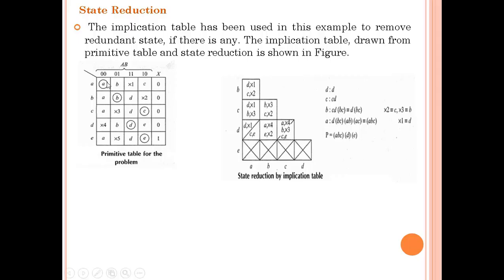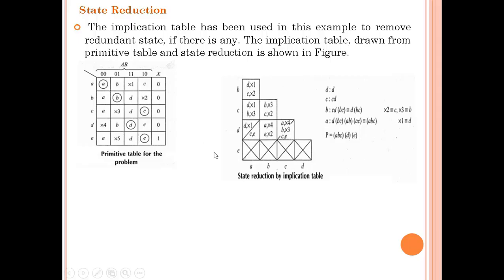So we are choosing one less variable. Now we have to see the relation between A and B when they can be equal. First of all, check the output. Since the outputs of A and B are equal, A and B can be equal if D is equal to don't care 1 and C is equal to don't care 2.